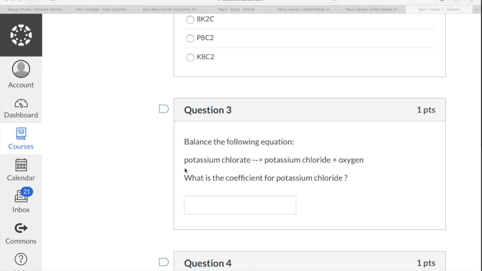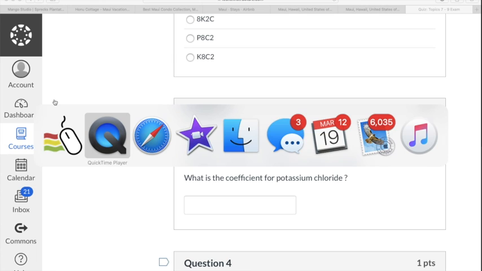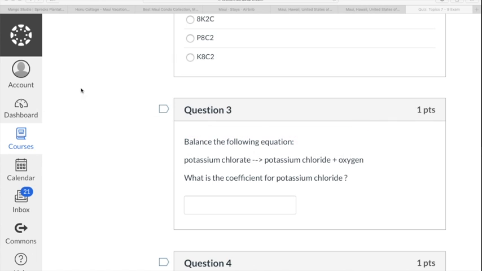But on the back of my book, I've got a handy dandy chart that tells me the polyatomic ions. So let's use it. Potassium is K. Chlorate is going to be a chlorine with 3 oxygens, and it's 1 minus, right? So this is a minus, that's a plus.